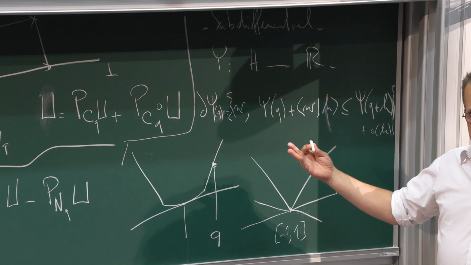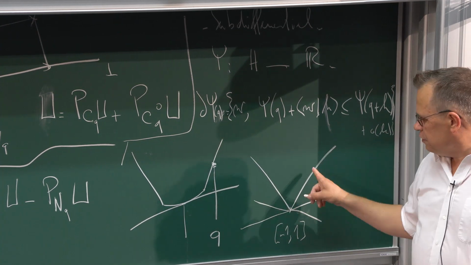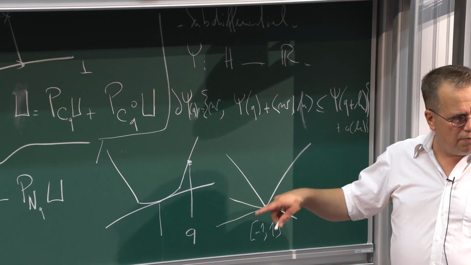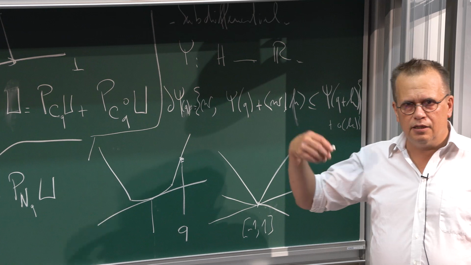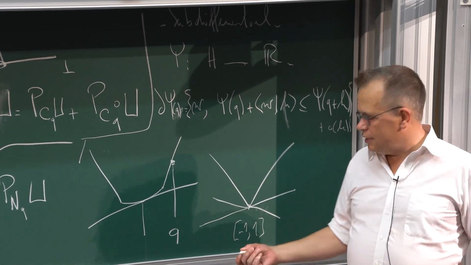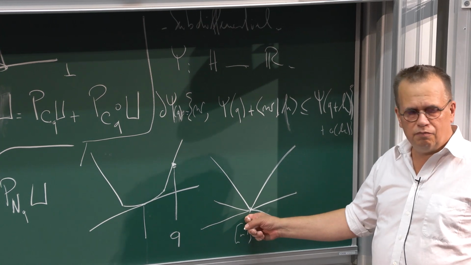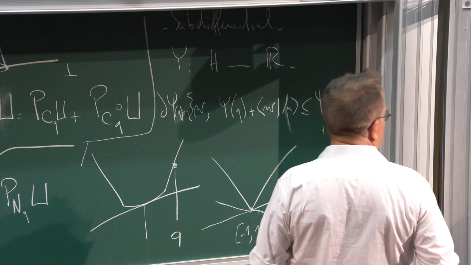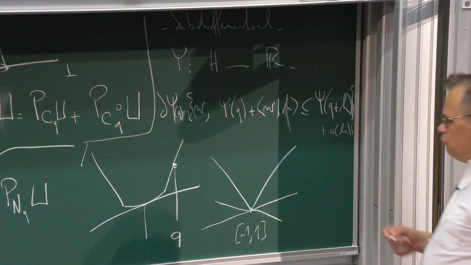So in that case, the subdifferential of this function at 0 will be the interval -1, 1. It's a multi-valued function. So it applies to non-smooth functions, and that makes it possible to write many things in a non-smooth context.